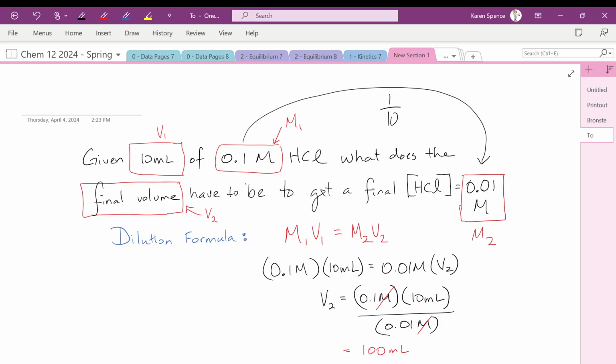Oh, not enough. Here we go. Okay. Using a graduated cylinder is one way of doing dilution.